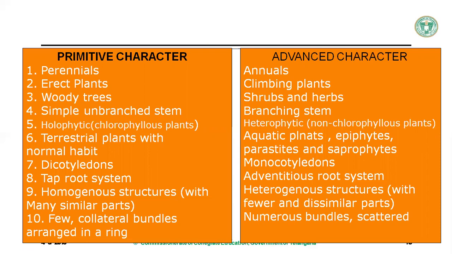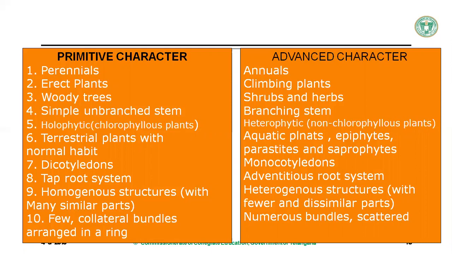For example, a plant grown as a perennial is primitive; if it grows as an annual plant, that is an advanced character. Erect plants versus climbing plants: a climbing plant is an advanced character. A woody tree is primitive, but a shrub or herb is the advanced character.